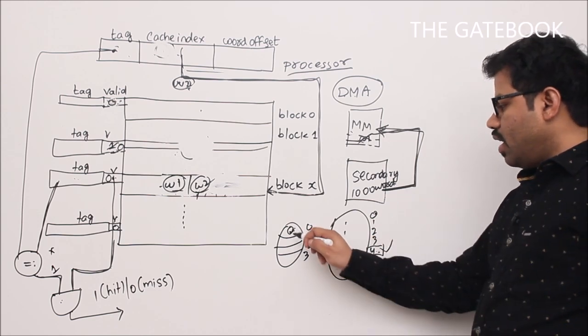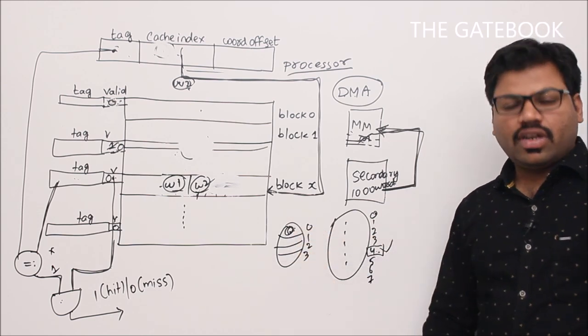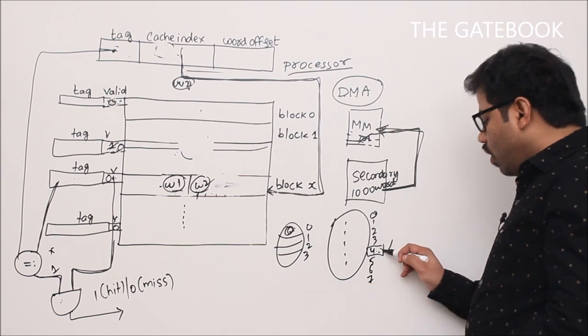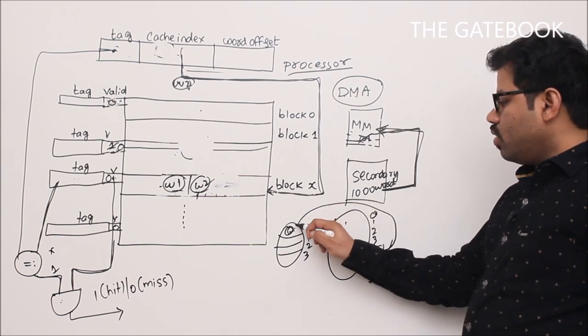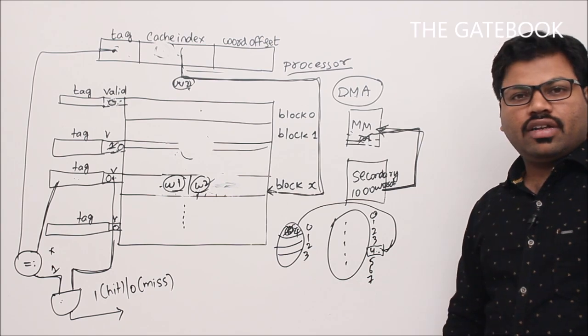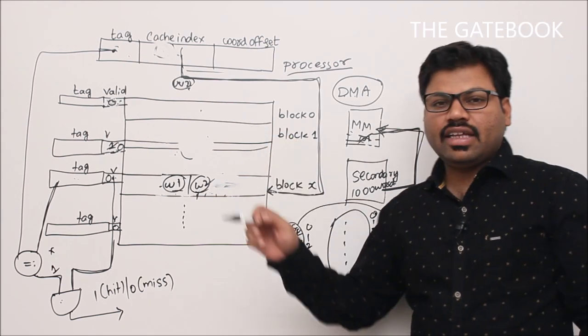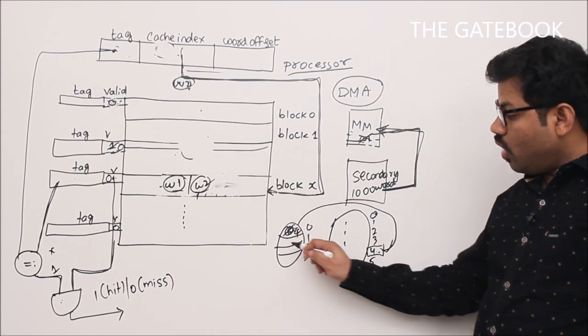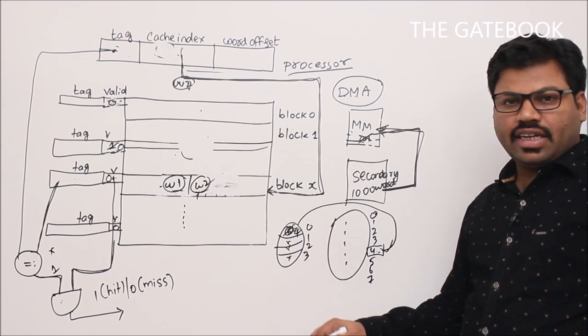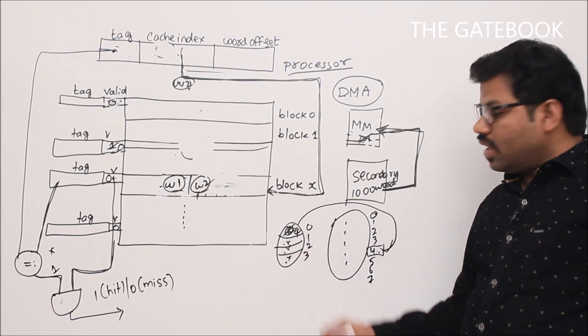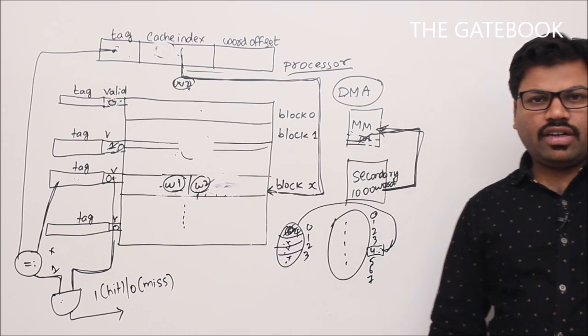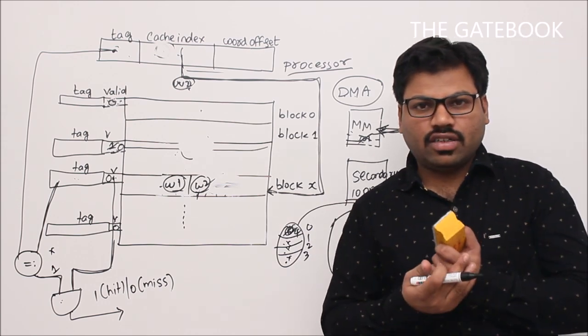In here only, but now currently 0 is available. For some reason, whenever you want to update this cache with 4, then 0 should be removed, correct? Now in direct mapping, that is a disadvantage. What is that? Though you have space here, you are not utilizing it. Rather than using it, unnecessarily you are just vacating 0, correct? So there is a serious contention, right?